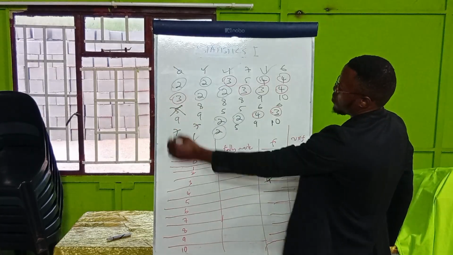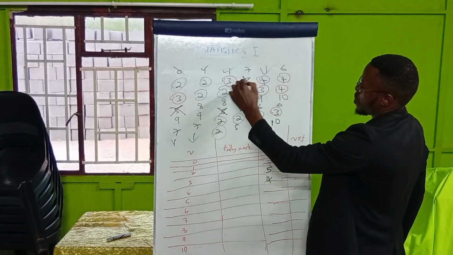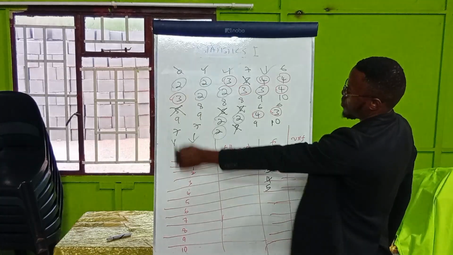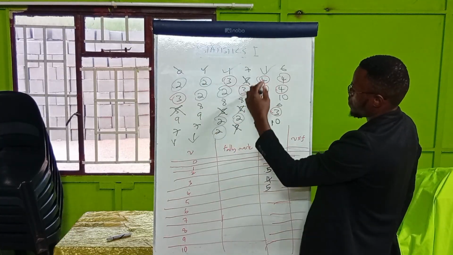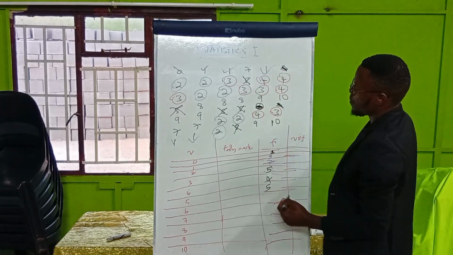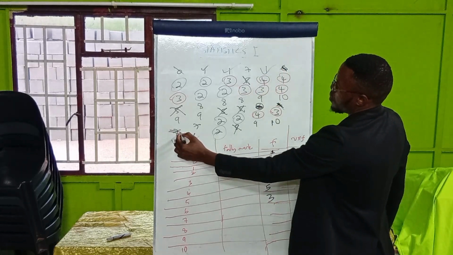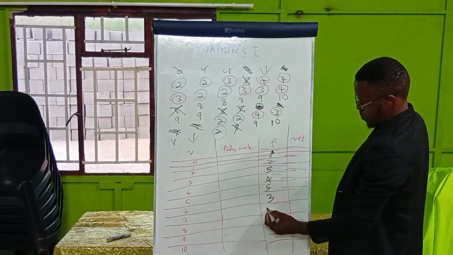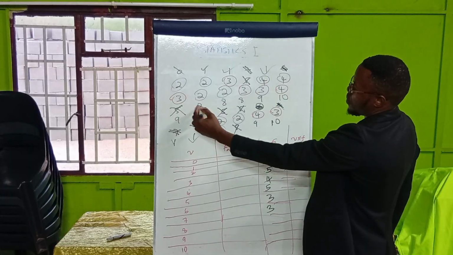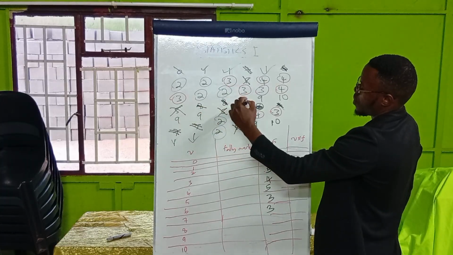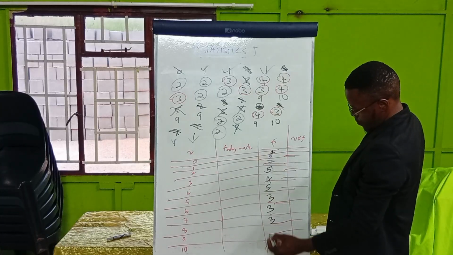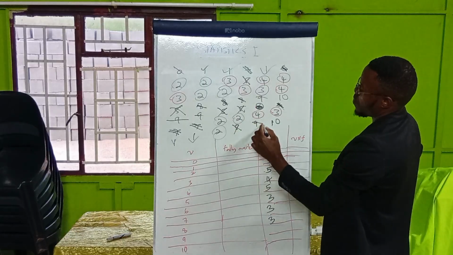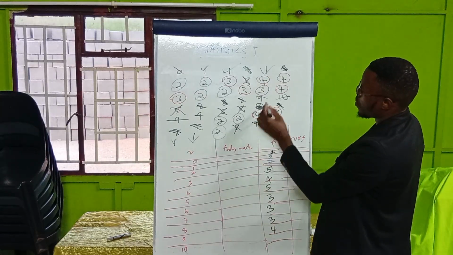How many 5s? 1, 2, 3, 4, 5. 6. 1, 2, 3, 4, 7. 1, 2, 3, 4, 8. 1, 2, 3, 9. 1, 2, 3, 4, 10. 1, 2.